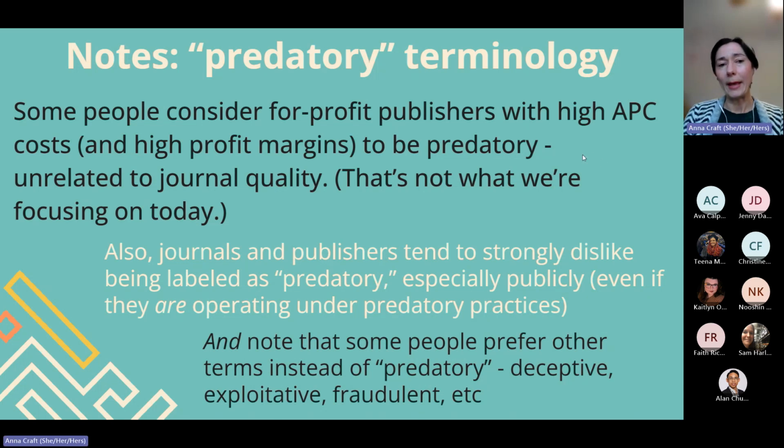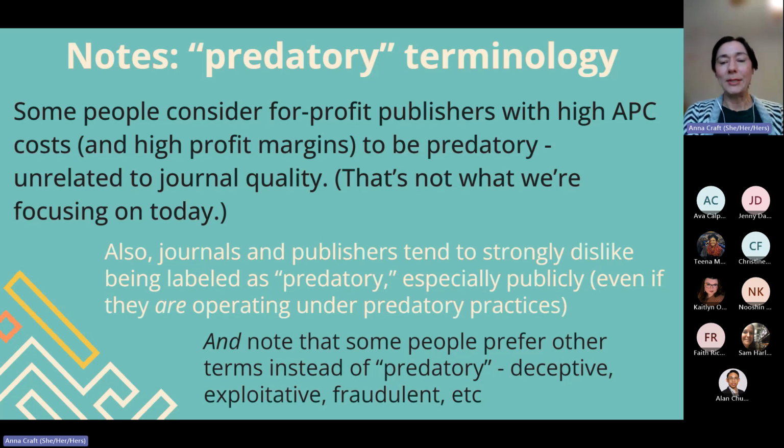Also, as you might guess, journals and publishers don't like being labeled as predatory, especially in public, even if they are perhaps operating under predatory practices. So we have to kind of take some care with how we talk about this in the public sphere and how we are labeling journals.